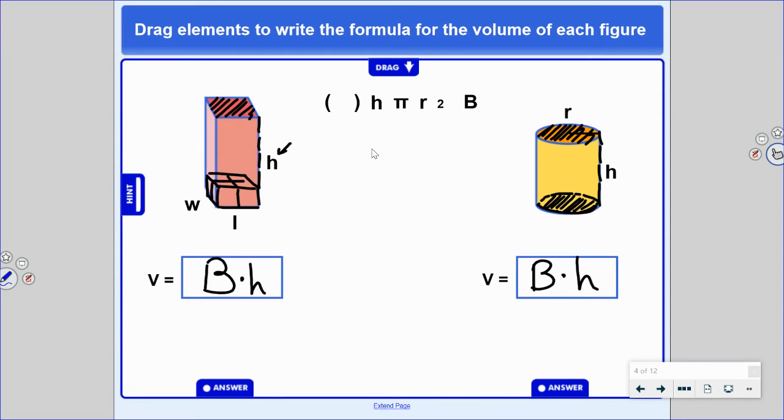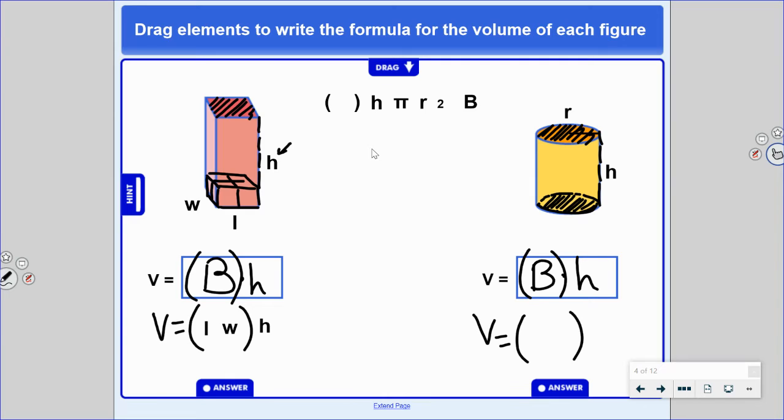Now, where do we go with that in the previous lesson? Well, to find that area of the base, we would need to multiply the length and the width, and then, of course, stack it up. Okay, so what's the area of this base? Oh, wait a second. The area of this base is a circle.